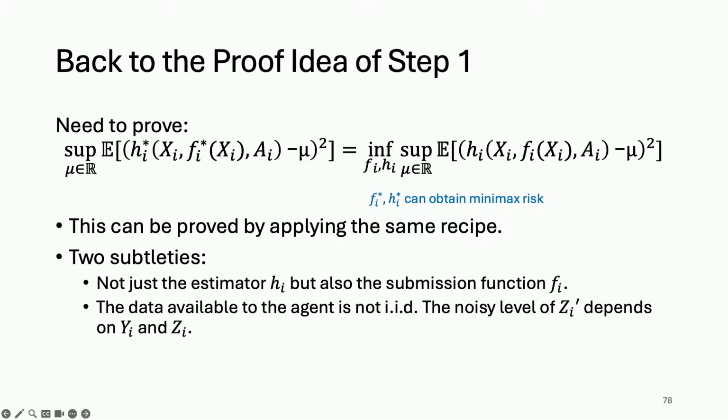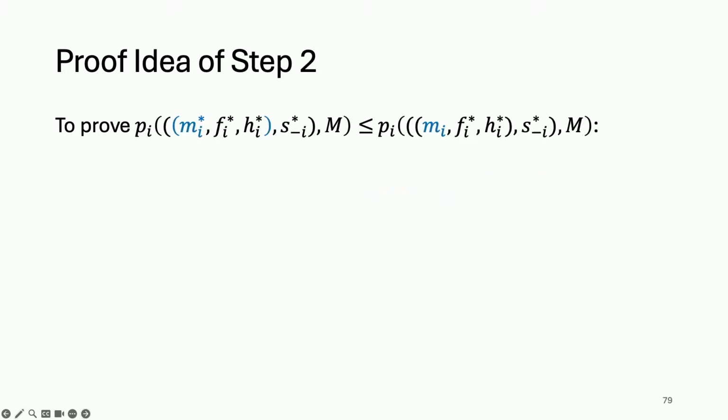And also, in this recipe, we consider the data IID, but in this setting, the data available to agents are not IID anymore, because the noise level of the I prime depends on Y I and the I. So by doing a lot of math, and following the same recipe, they can show that F star I and H star I obtain this minimax risk, and show that F star I and H star I are incentive compatible.